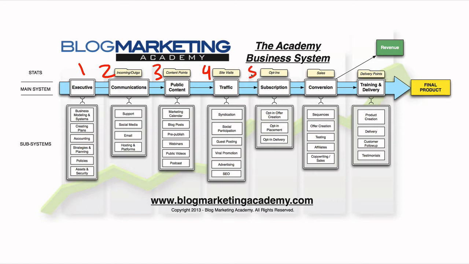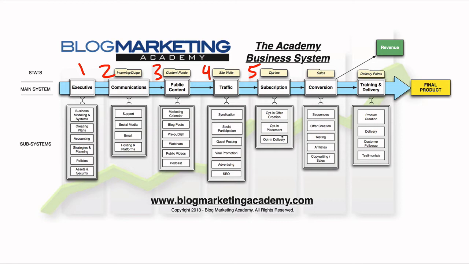Now, the next step of that is going to be subscription. So once you've got them to your site and they are traffic, the very next thing you want to do is concentrate on getting them to get on your email list, to raise their hand and go beyond the general collection of not even subscribers, just people that are out there on the internet, raise their hands in interest and say, yes, I am actually interested in what you're doing.